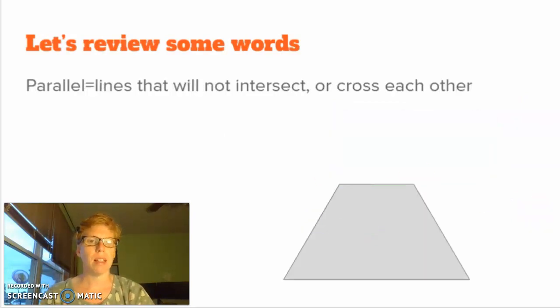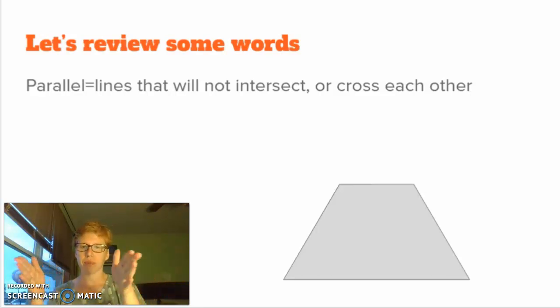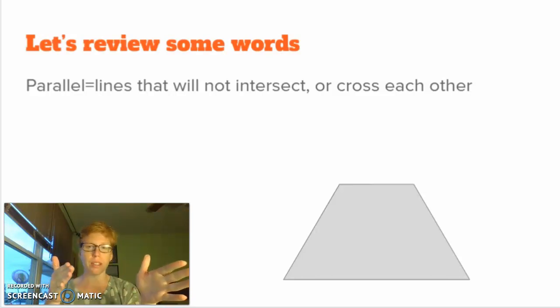Parallel lines. These are lines that will not intersect or cross each other. This one can be a little tricky. I want you to think about when you're driving down the road and you look and there's lines on either side of the car. Those yellow lines, those lines do not meet each other. They are parallel. No matter where you go, those lines do not meet each other.